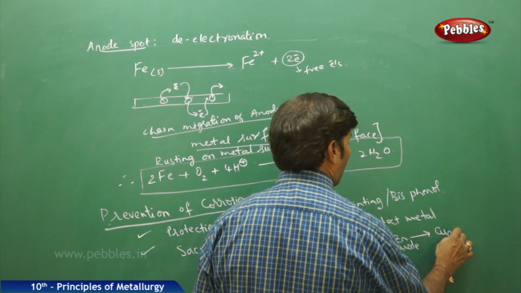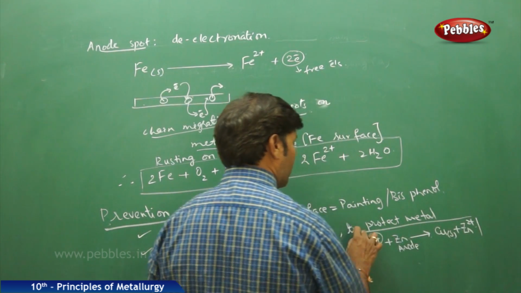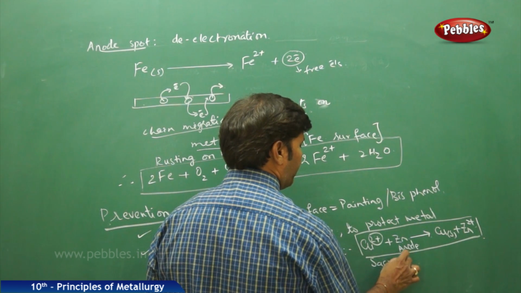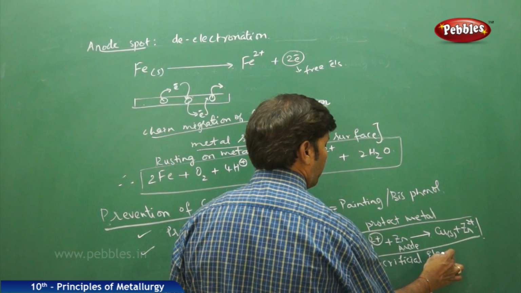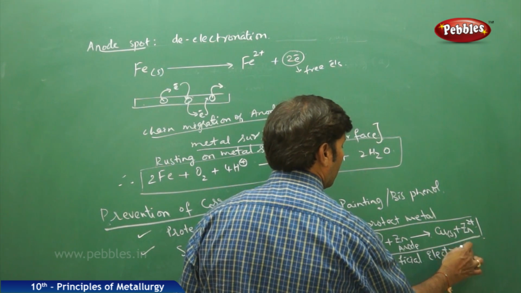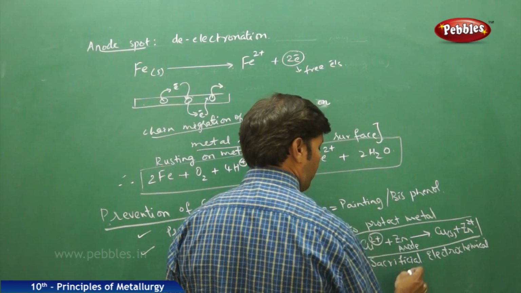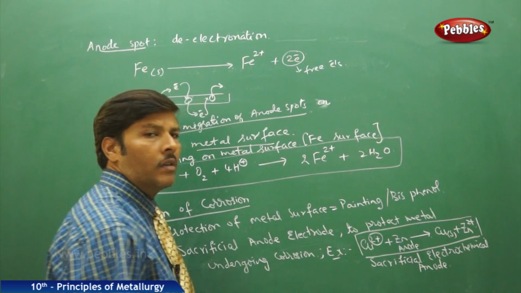It becomes Cu solid plus Zn2+. So this mechanism involves a sacrificial electrochemical anode to prevent the rusting of copper.